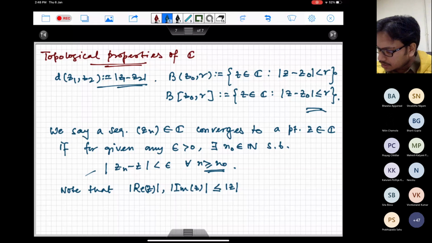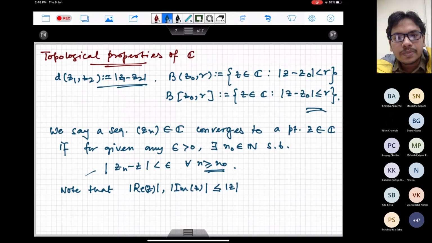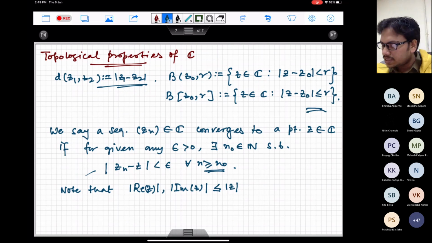Okay, so here I'm going to discuss the convergence of sequences of complex numbers in terms of convergence of exactly real sequences. So how do I see this?